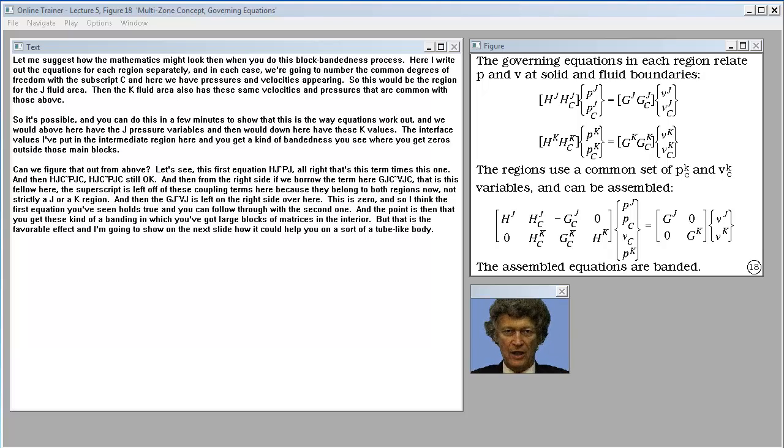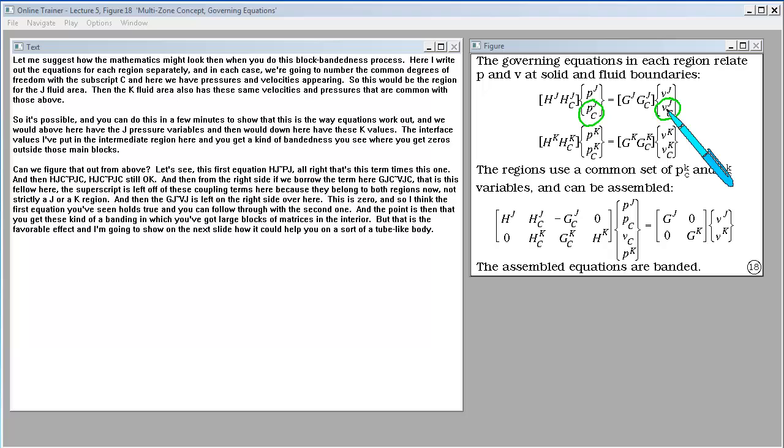Let me suggest how the mathematics might look when you do this block bandedness process. Here I write out the equations for each region separately, and in each case we're going to number the common degrees of freedom with the subscript C, and here we have pressures and velocities appearing. So this would be the region for the J fluid area. Then the K fluid area also has these same velocities and pressures that are common with those above.